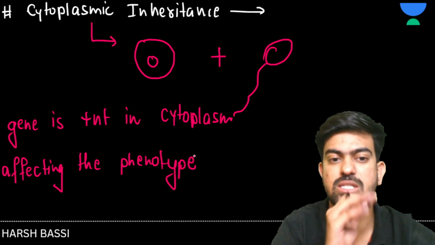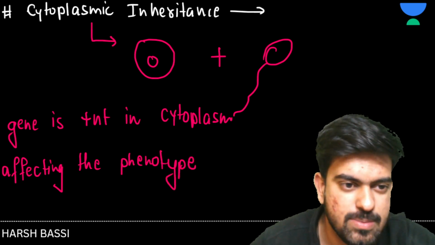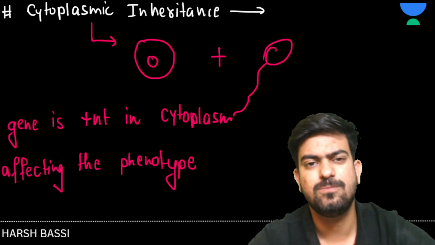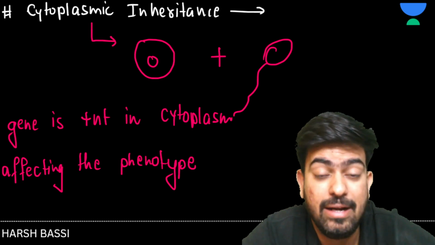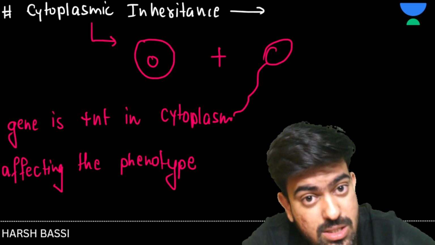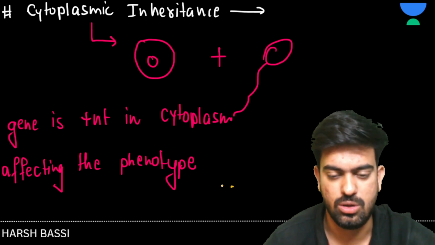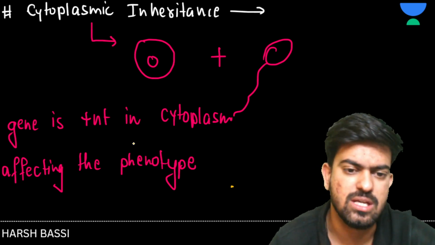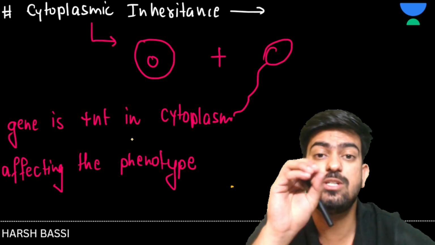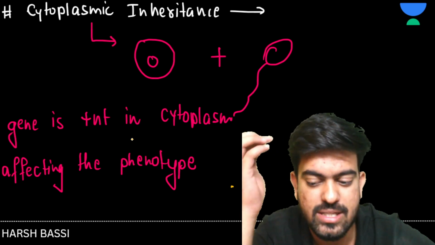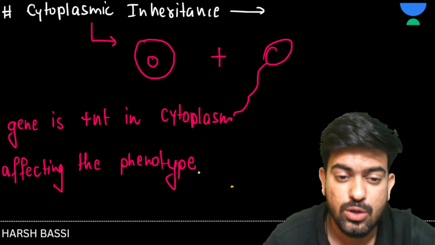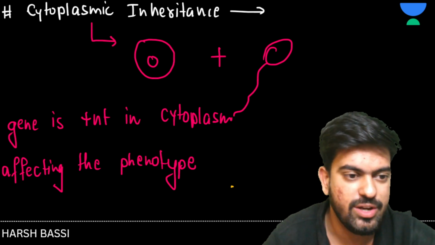In this case we will be saying that cytoplasmic inheritance is happening. The gene present in cytoplasm may be the mitochondrial gene, maybe the plastid genes. Whatever genes, wherever present, if present in the cytoplasm outside the nucleus, those genes are known as what? Plasma genes.